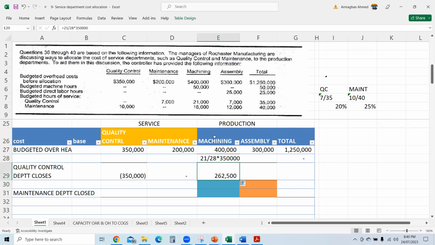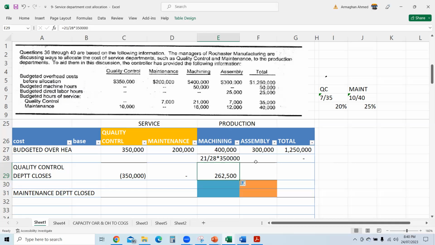So how have we done it? Quality control provided 21,000 service hours to machining and 7,000 to assembly, total 28,000. So 21 over 28 into the quality control cost of 350,000.